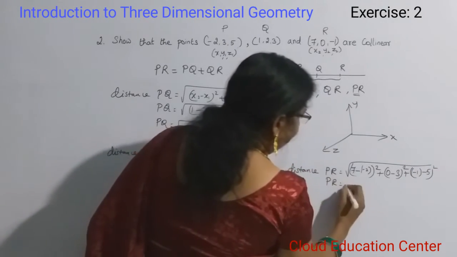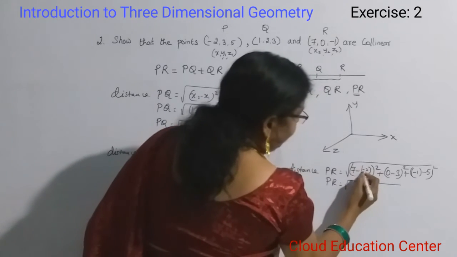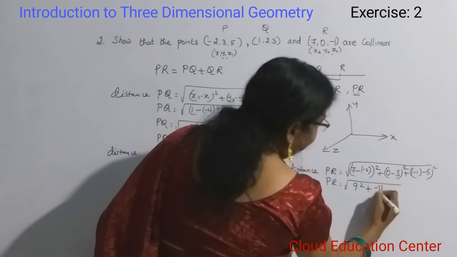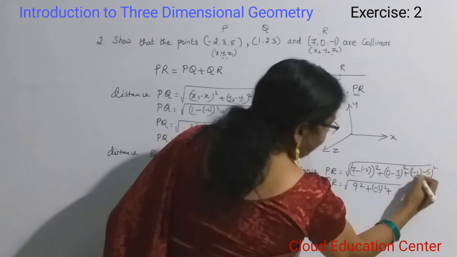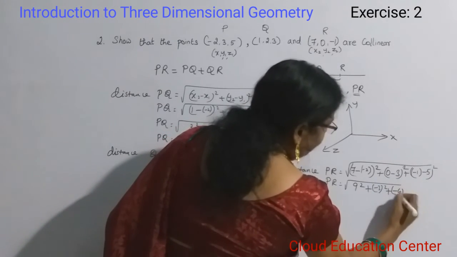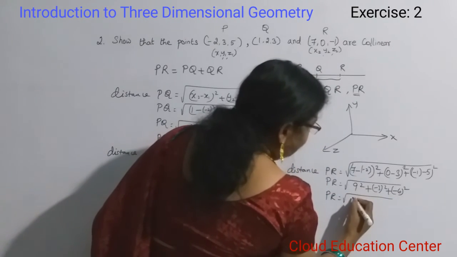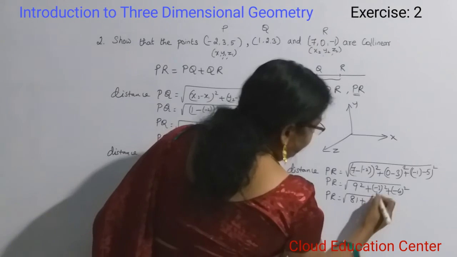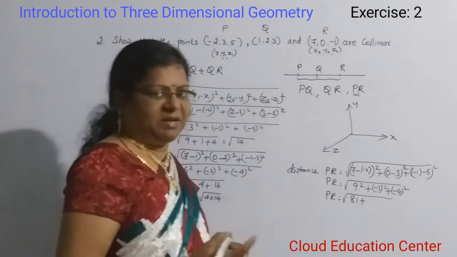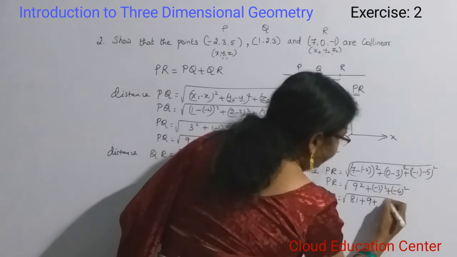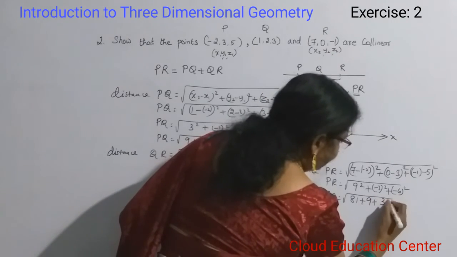So PR is the square root of, minus into minus becomes plus, 7 plus 2 is 9 square, plus minus 3 the whole square, plus both are minus, so it becomes minus 6 the whole square. So PR equals the square root of 9 square, which is 81, plus when you square the negative value it becomes positive, 3 square is 9, plus here also positive, 6 square is 36.